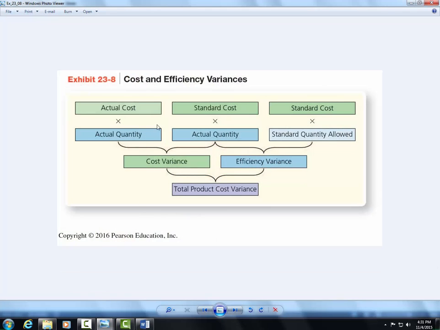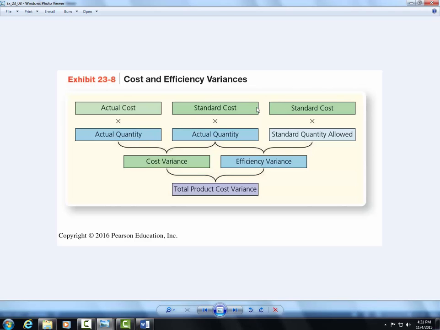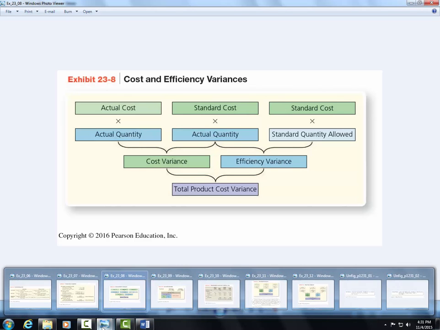these 3 columns to calculate your cost variance and efficiency variance. Whichever way is easiest for you, it's fine with me. You're going to come up with the same amount. I like to do just the formula instead of the 3 columns. But okay, now back to this.